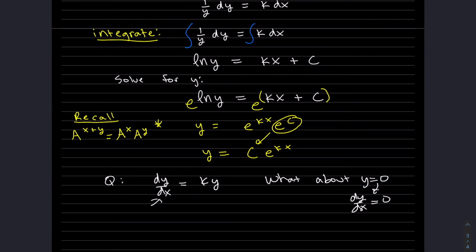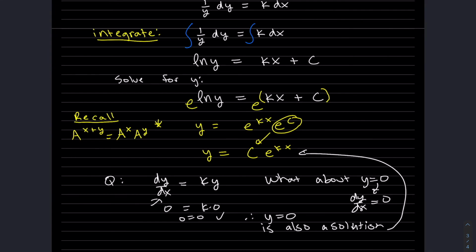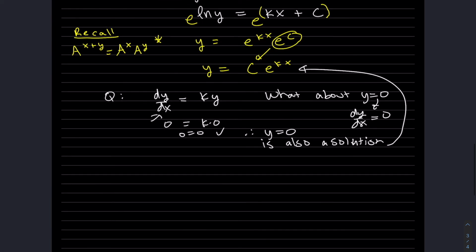And then we get 0 equals k times 0. 0 equals 0. So y equals 0 is also a solution. That was not found in our family of solutions. So we call this a singular solution. And also a trivial solution.